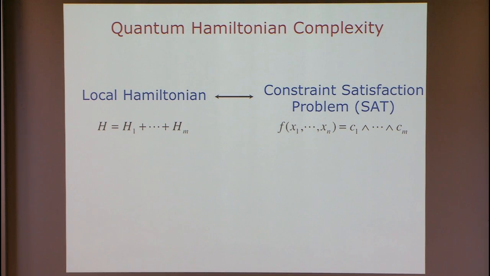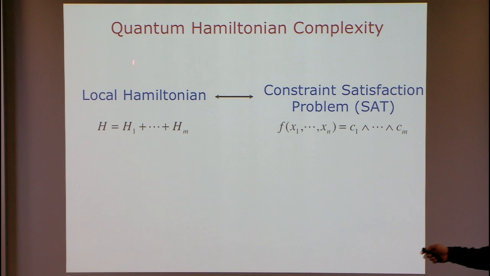So in condensed matter physics, the basic problem is you're given a local Hamiltonian and you want to understand its ground state. In complexity theory, the basic problem is you're given a constraint satisfaction problem, like satisfiability, and you want to understand if there's a satisfying assignment, or if there's a solution, what's the best solution to this constraint satisfaction problem.